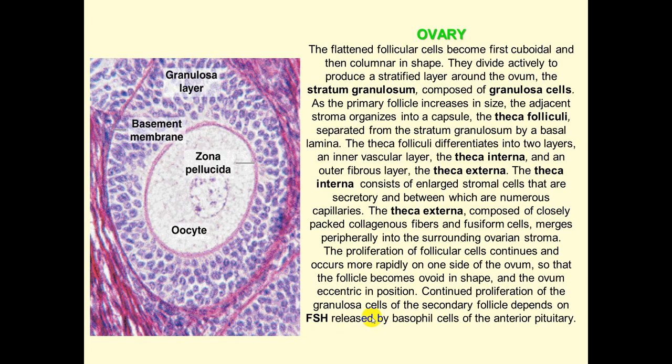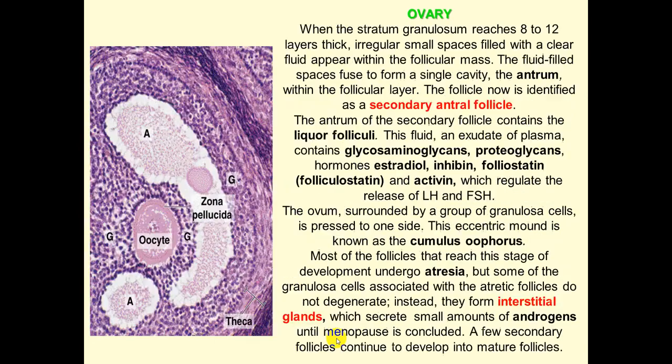It is gonadotroph cells which produce this gonadotropic hormone, follicle-stimulating hormone. It means that the granulosa cells, sometimes we also call them follicular cells, have receptors for this FSH hormone.